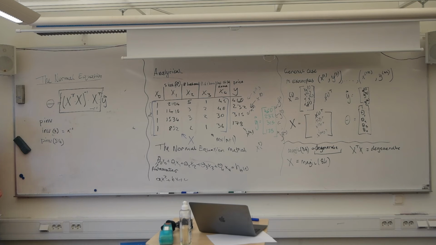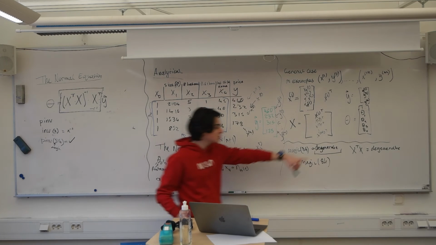I can't exactly explain it. It's far more complicated than I'm willing to go into. But PINV of this will be something we can calculate. It's doing the pseudo-inverse of magic 84, calculating it without having a matrix that is degenerate.